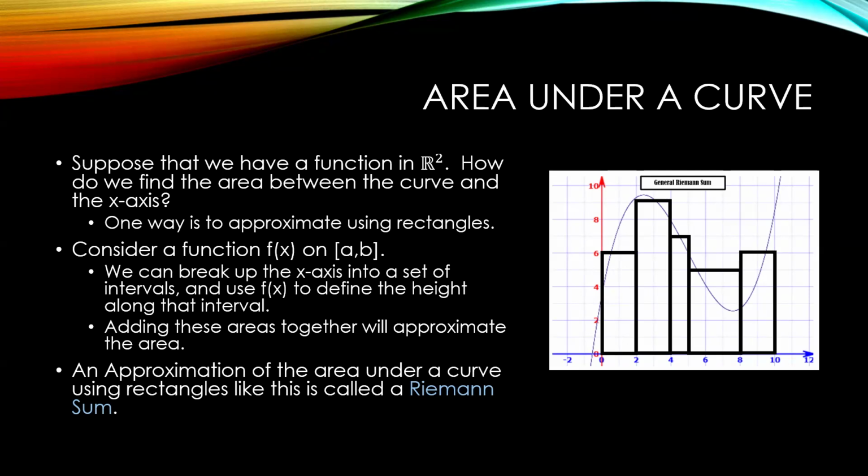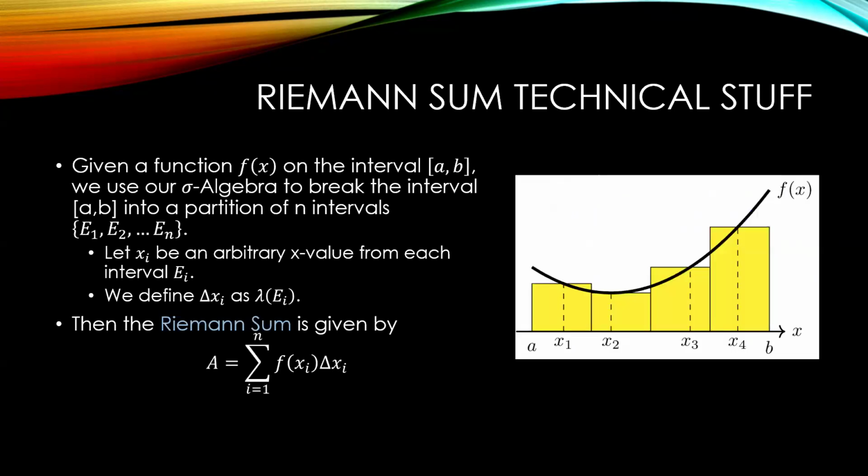Now, the Riemann sum is a very powerful tool, but it does have some drawbacks. Let's talk about some of the technical stuff first, though. Given a function, technically we're using our sigma algebra to break the interval up. If we're going from A to B, we can break it up into partitions using this idea of the sigma algebra.